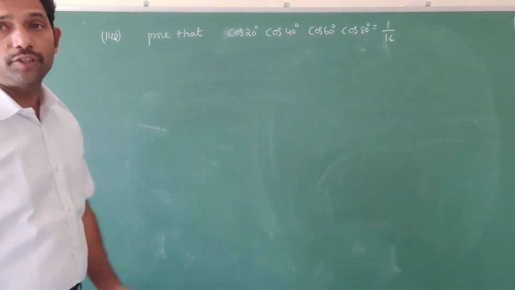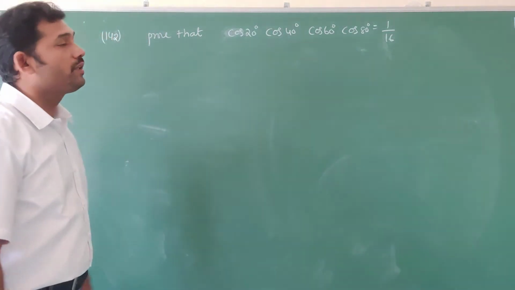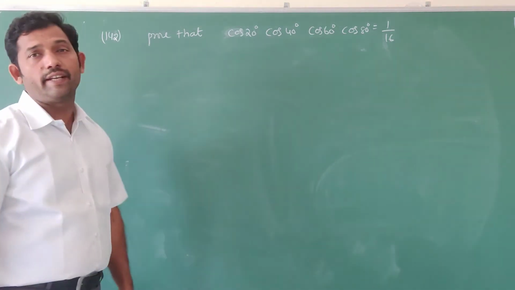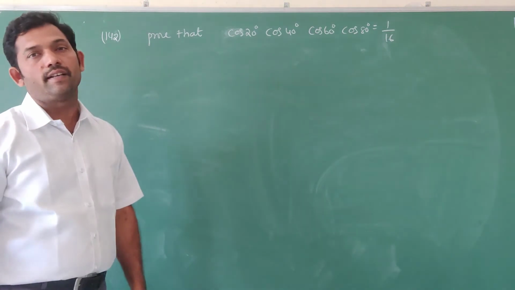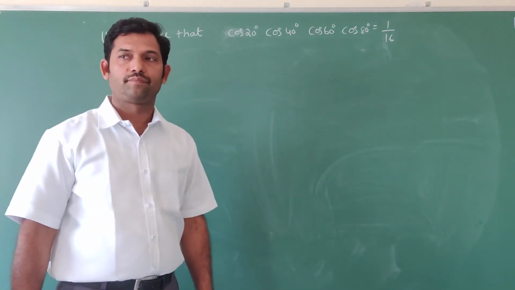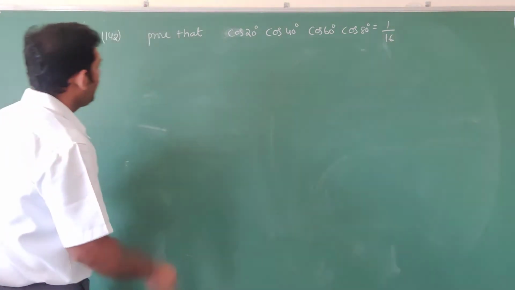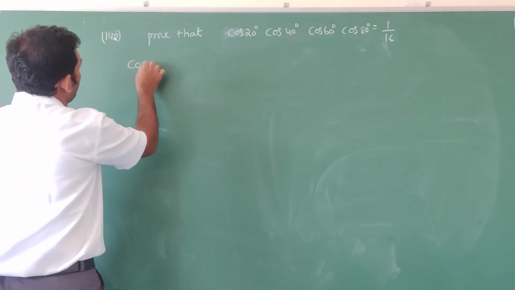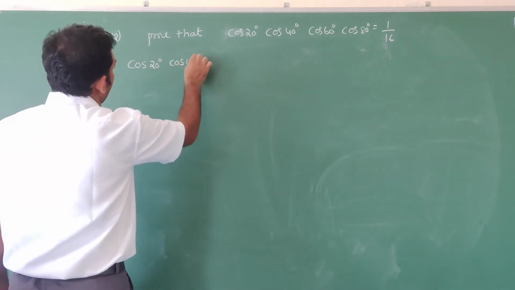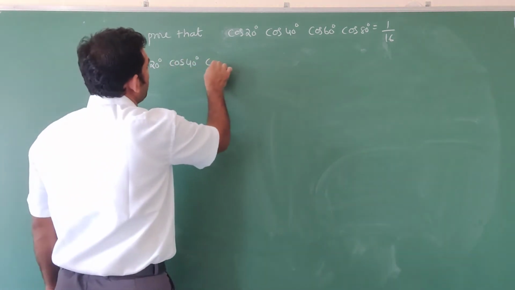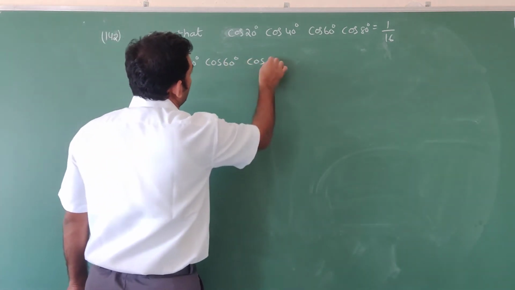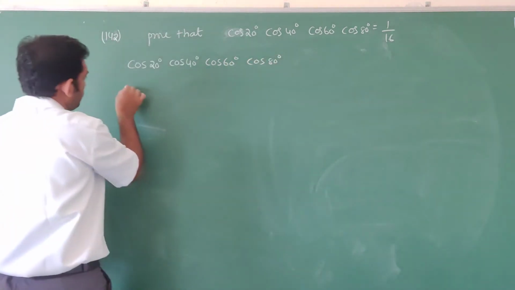So write the next question. Prove that cos 20 degrees, cos 40 degrees, cos 60 degrees, cos 80 degrees is equal to 1 by 16. Take cos 20 degrees, cos 40 degrees, cos 60 degrees, cos 80 degrees.